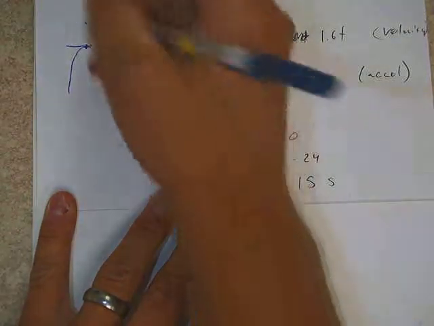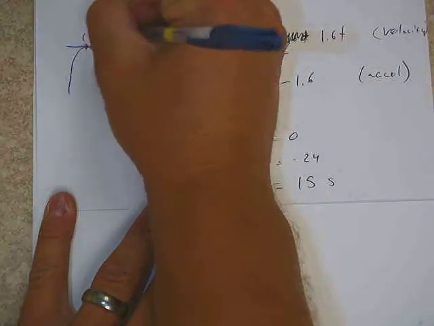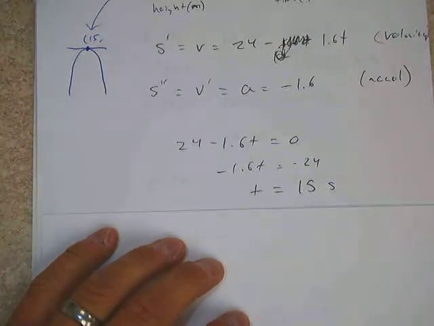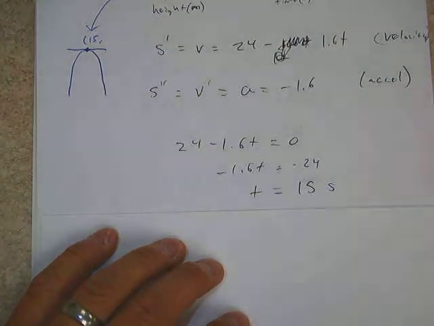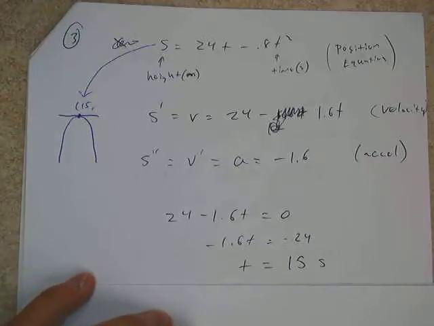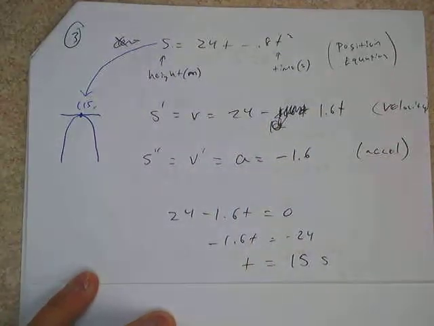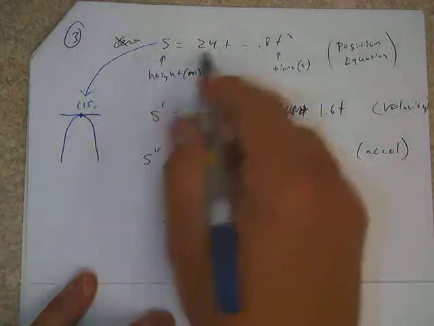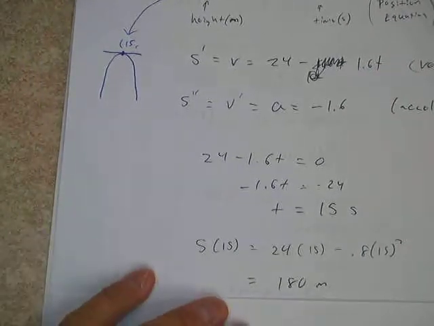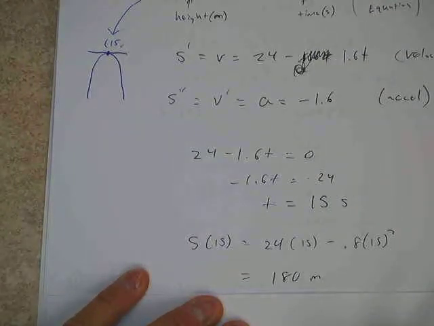Part C says, how high did the rock go? Well, I want to know how high the rock went. Ultimately, this is my S function here that I've drawn a picture of. If I want to know the y coordinate at that point, I already know the x coordinate, I figured that out. If I want to know the y coordinate, I'm going to put that into S, because S gives me the height at any time.